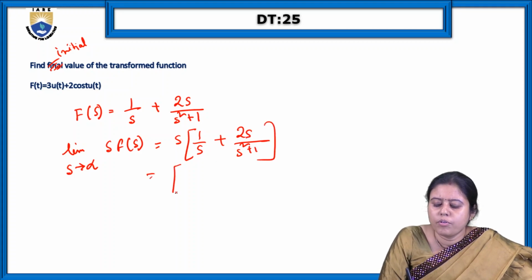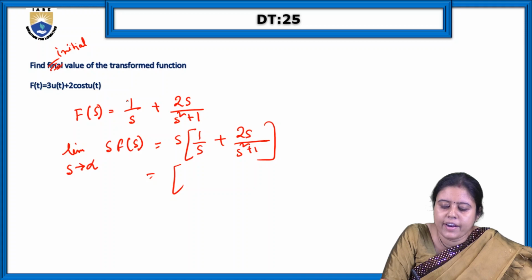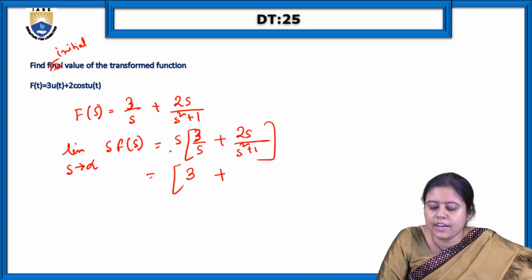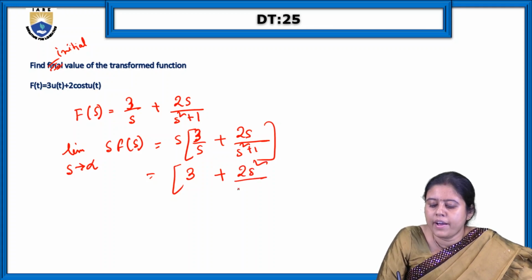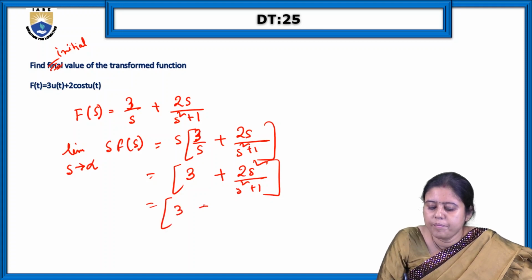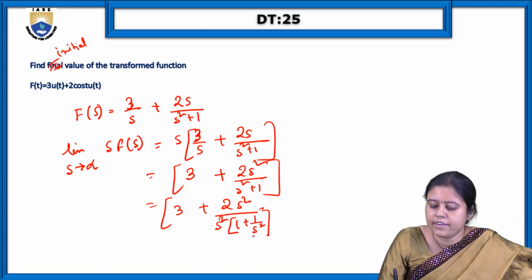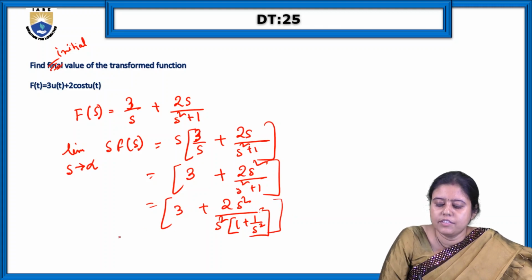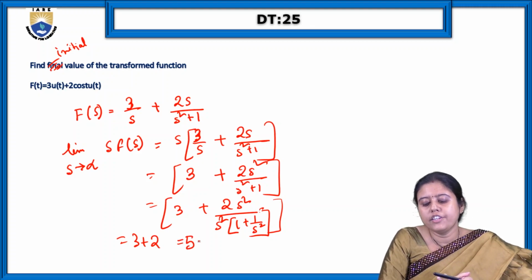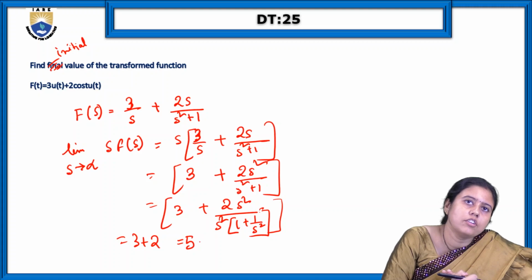What does the initial value theorem tell? Limit s tends to infinity of s Fs. So s into 3 by s plus 2s by s square plus 1. The s's cancel, so we are getting 3 here, plus 2s square by s square plus 1. Taking s square as a common factor, 1 by s square, s square will cancel out. So 1 by infinity means 0. 3 plus 2 is equal to 5. So the initial value of this is also 5.